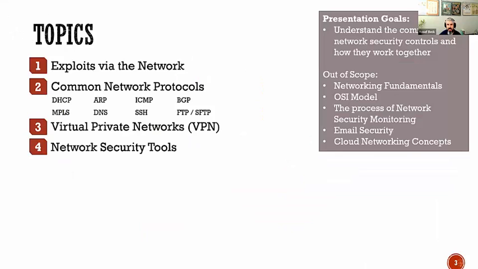All right, so what I'd like to cover today are exploits that go over the network or at least exploit the network. We're going to dig into some of the common network protocols, look at some of their interesting vulnerabilities, and see how those exploits are carried out. I want to spend a little bit of time talking about VPN.